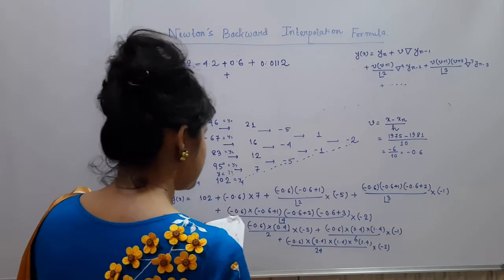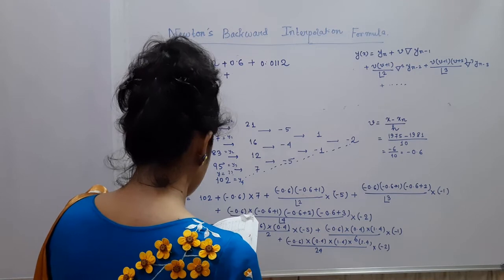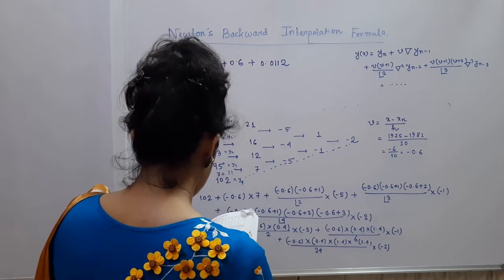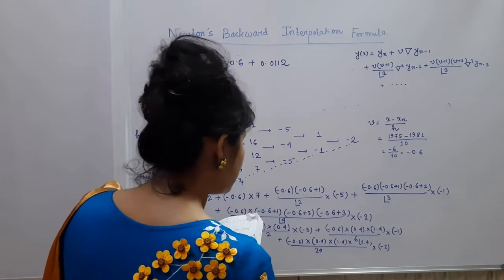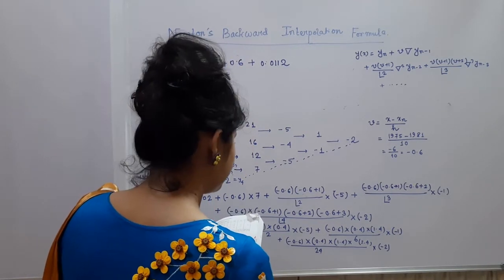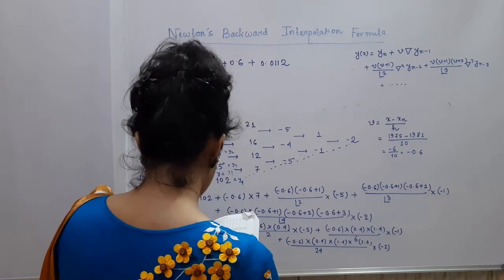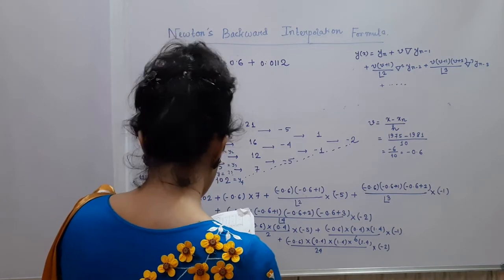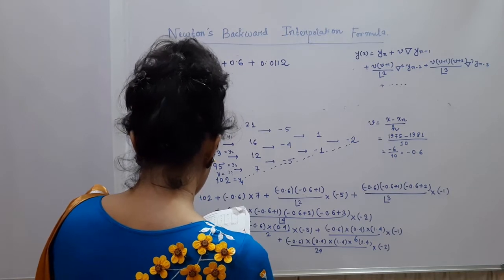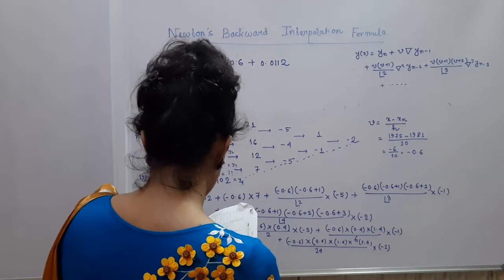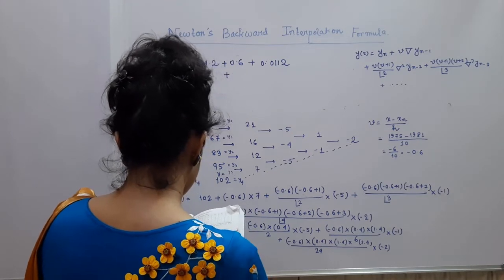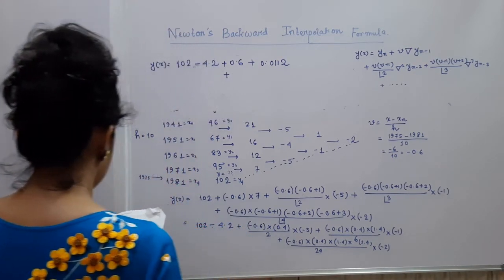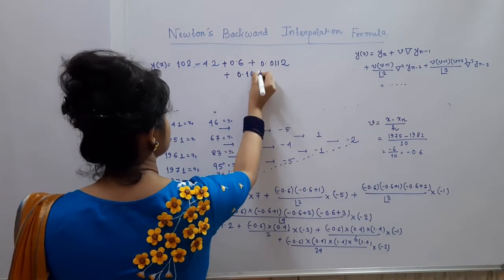So 0.6 into 0.4 into 1.4 into 2.4 into 5 divided by 24, and that is 0.168.